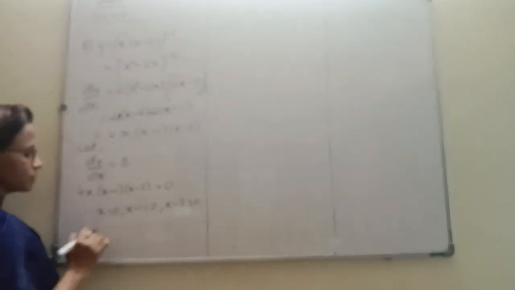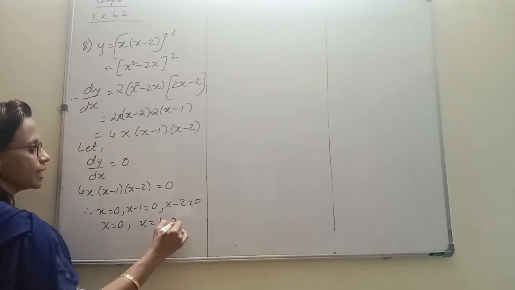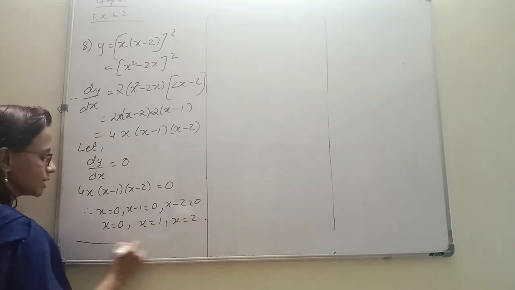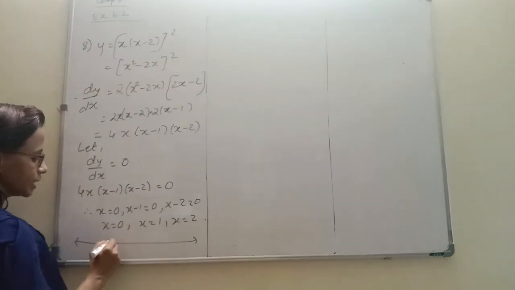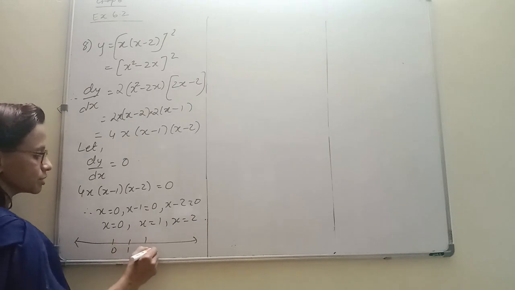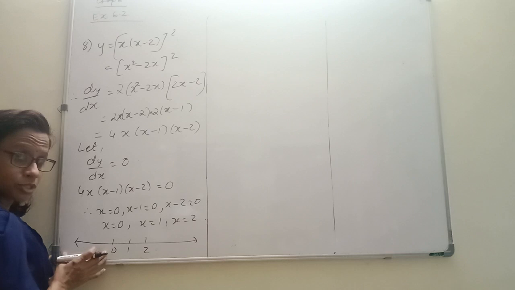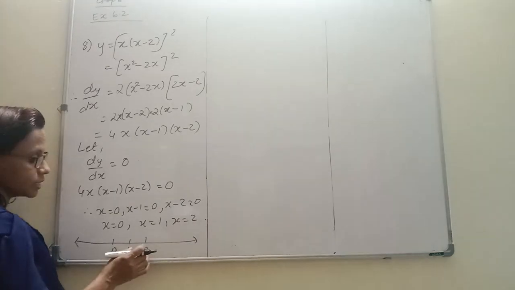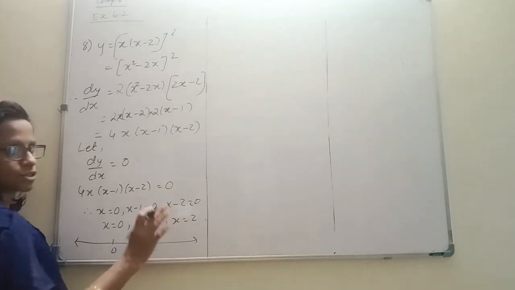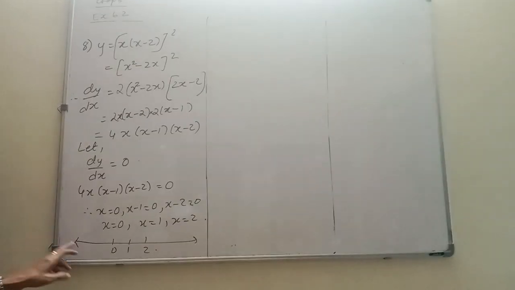Therefore you get x as 0, x as 1 and x as 2. That gives us an idea about the intervals. You have the first interval minus infinity to 0, then 0 to 1, then 1 to 2, then 2 to infinity. So four intervals you have to work with.